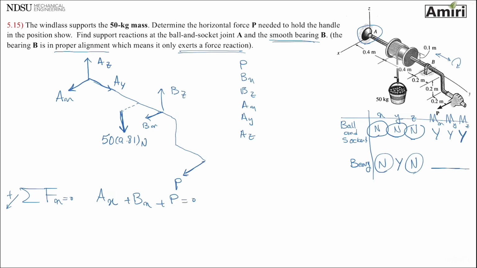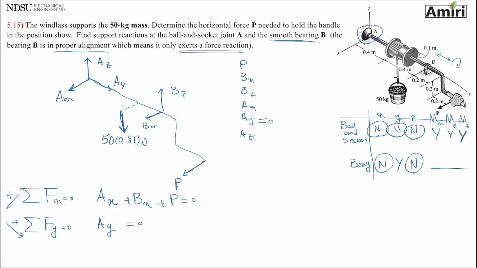P equals 0. Wow, 3 unknowns. I can't do anything with it. Summation of forces in Y direction being 0. Anything going this way, I'm going to take positive. So start from one end. I have AY. Keep moving. I don't see anything else. So that should be 0. So good. One of them is 0.